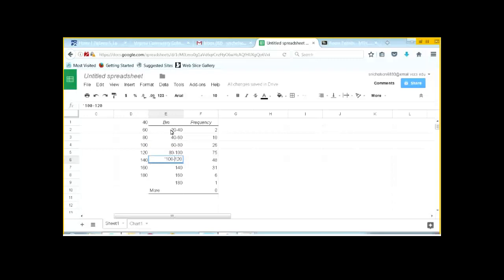The next one is 100 to 120. 120 to 140. So sometimes you have to go back and make some slight changes. It doesn't do everything automatically for you. And if I delete this, it'll go off the graph. So I'm going to delete that because we don't need it.